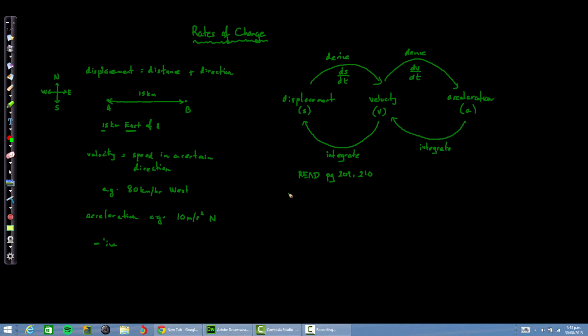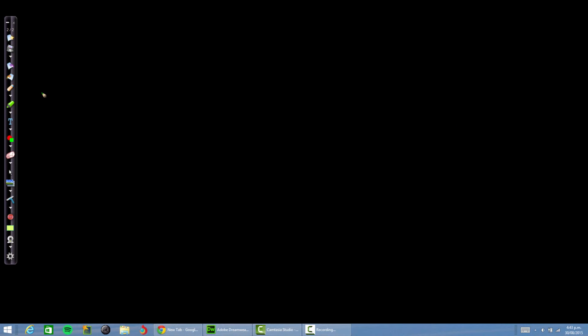Now the example I'm going to have a look at, and I will swap over here to a clean page, is question 185 on page 211. Now in this particular example, we're told that we've got a car traveling at 100 meters per second, and the driver then brakes.